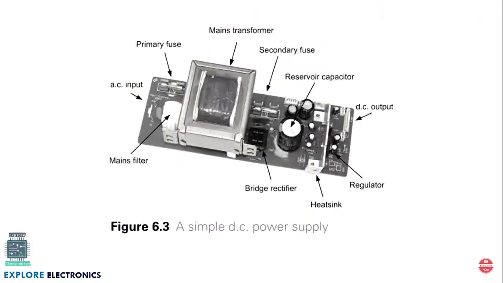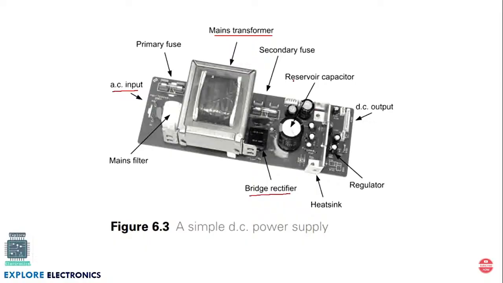The real-time example of a DC power supply device will be like this. You can observe here there is a step down transformer. The input of the transformer will be an AC input, and it is going to give the output from the secondary. We will have a bridge rectifier circuit here to convert that AC into pulsating DC, and we need to smooth that signal.